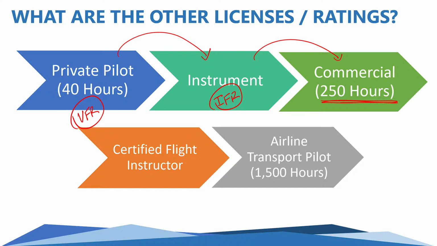If you're lucky, you could pick up a commercial flying gig, dropping skydivers, doing photography. If you're really lucky, you might get a gig as a charter pilot, flying business jets and those types of things, and get a type rating. Some people will get their multi-engine license here, and they'll get a commercial multi-engine. Some people will become a certified flight instructor, and I only encourage you to do that if you enjoy teaching. Do not do it just to build hours.